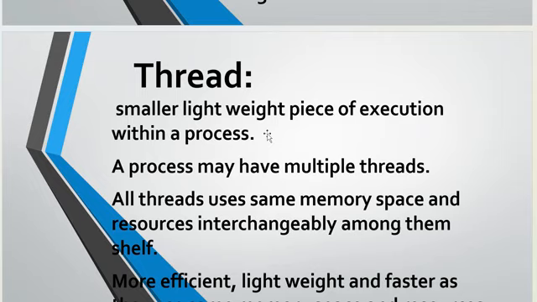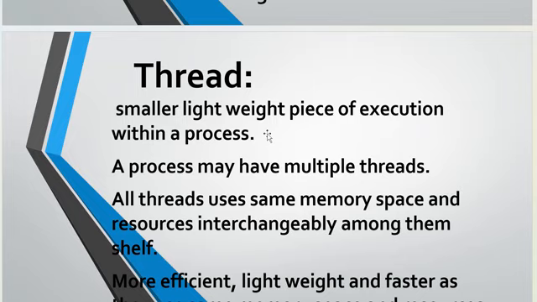All threads use the same memory space and resources interchangeably among themselves. When multiple threads are executed, they will use the same memory space, because although it looks like it is running parallelly, they use the memory space interchangeably.